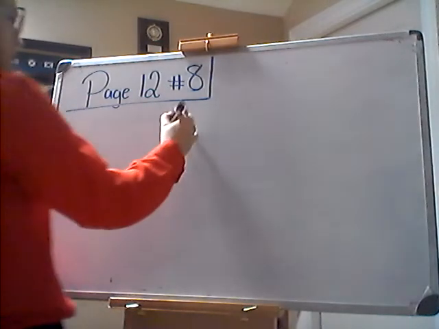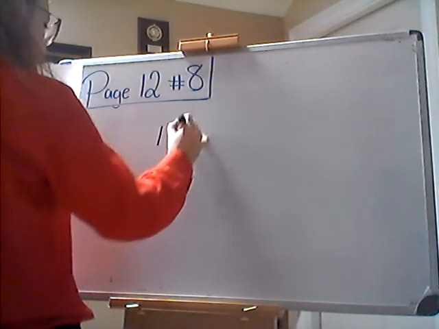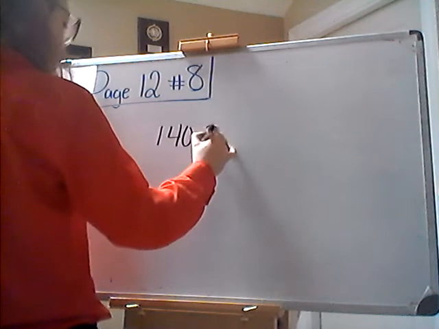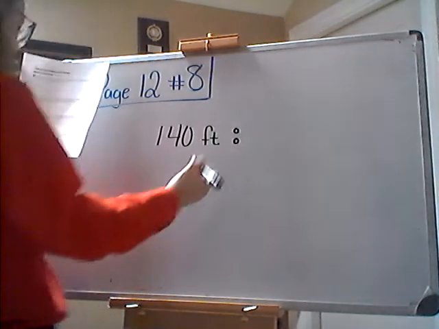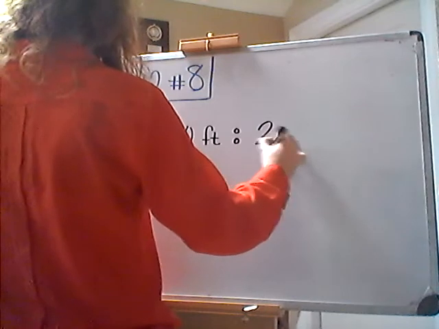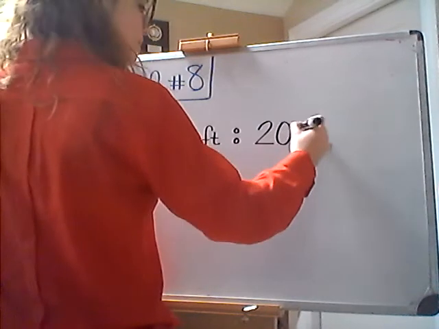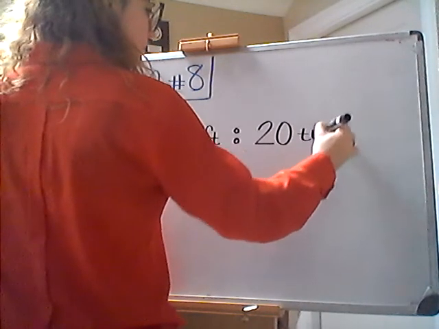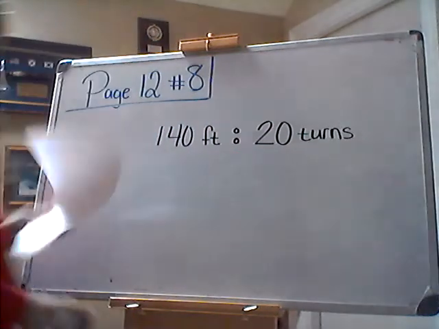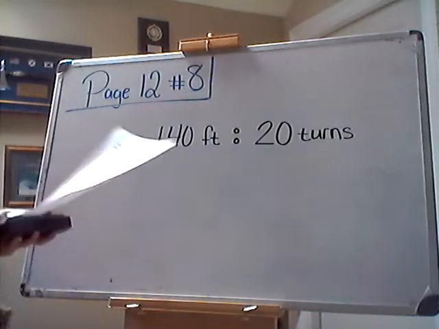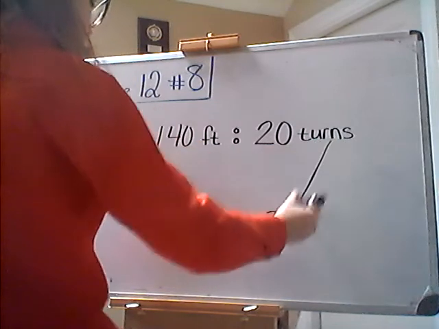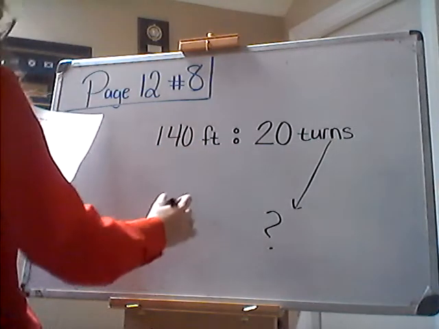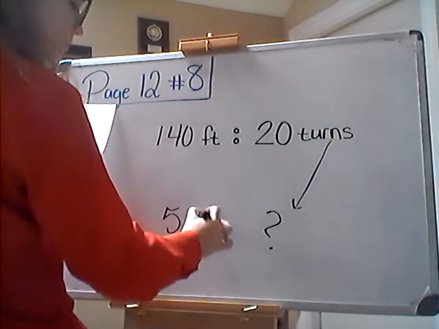All right, so we have 140 feet. I'm going to set that up as a ratio to 20 turns. 140 feet to 20 turns. We want to know how many turns would happen in 5 miles.